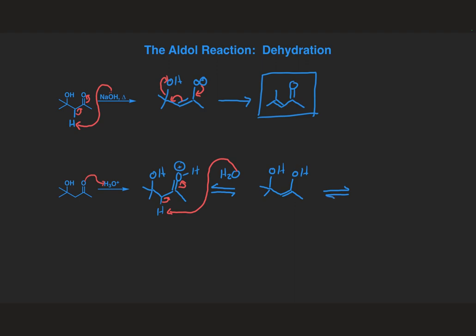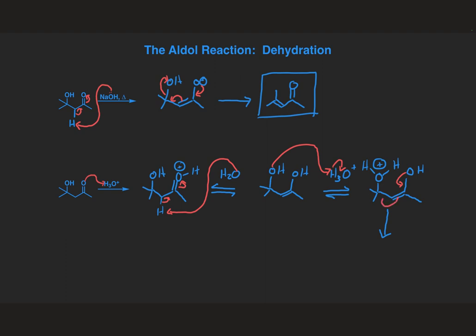Then we're going to protonate the beta hydroxy group to create a good leaving group. We can take these electrons and kick down.